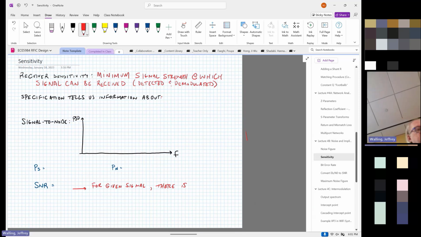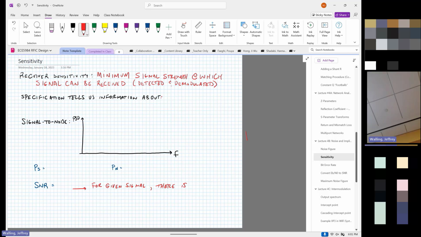All right, so the specification is going to tell us information about the radio system. And sensitivity is kind of an arbitrary number in the sense that a communication system designer is going to design a system to have a specific intent.